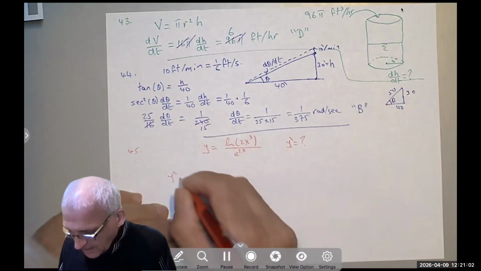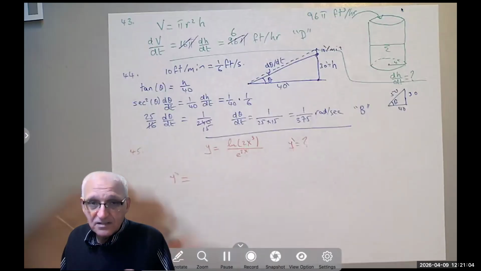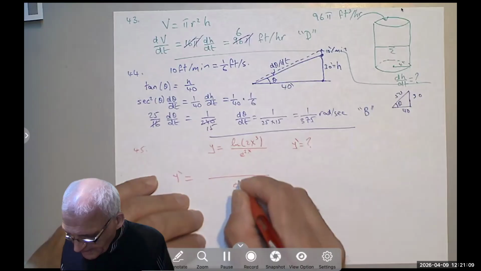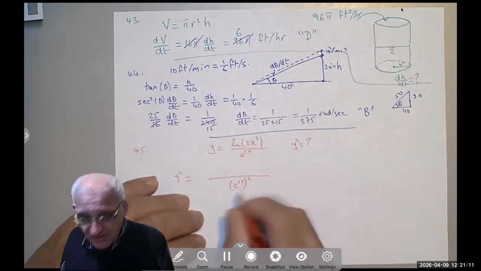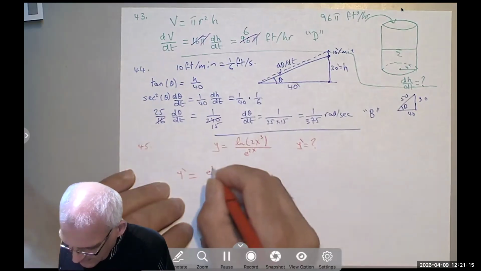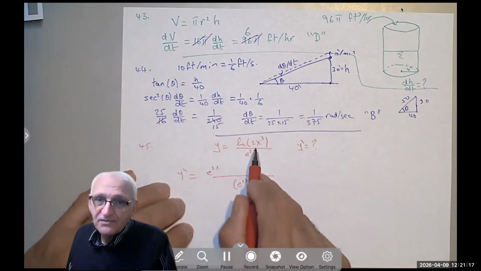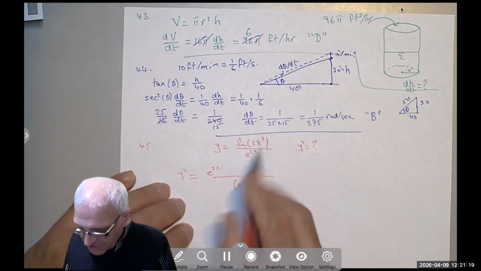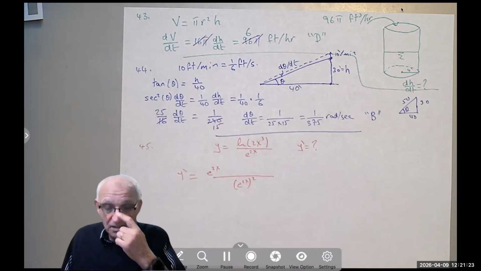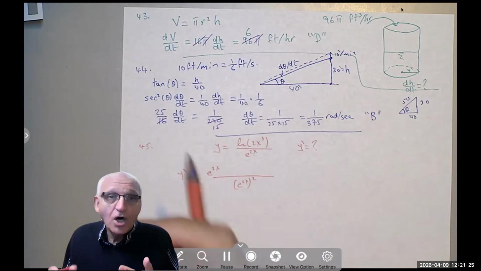It's derived from that. But nevertheless, that's not our topic here. So when I take the derivative of a quotient, I take the denominator squared, which is e to the 4x, right? And then I take the denominator times the derivative of the numerator. The derivative of a natural log, notice that you always have to use the chain rule, always.